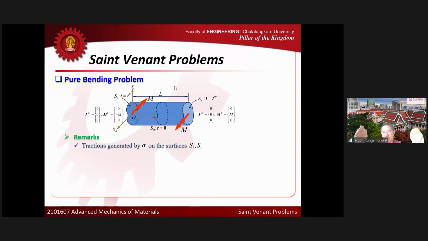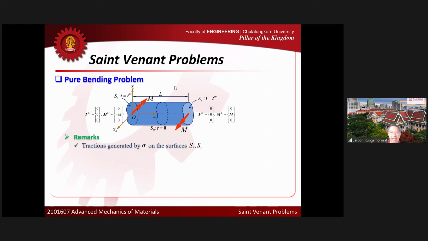Because the one that I solved here, I just tried to simplify the boundary condition at both ends. I tried to satisfy the simplified boundary condition at both ends. I would like to know if the stress I got there is the exact solution of any problem, or any kind of traction that I have to apply at both ends, and the stress I got before is the exact solution.